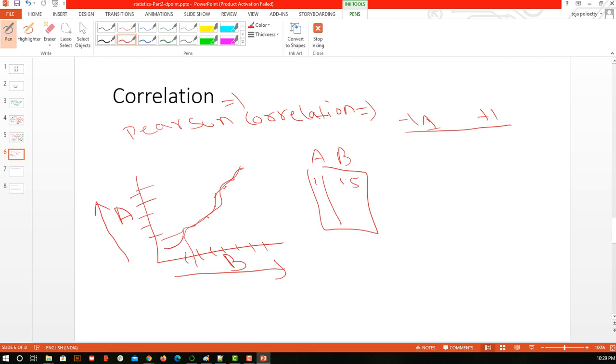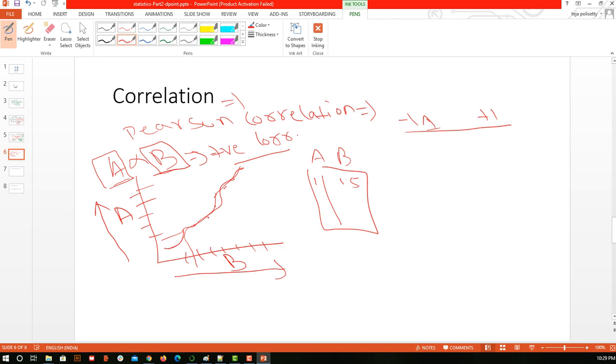So here I can say that A and B are directly proportional, or positively correlated. If A is increasing, B is also increasing. So if the trend of A is similar to that of B, I can say that, right?